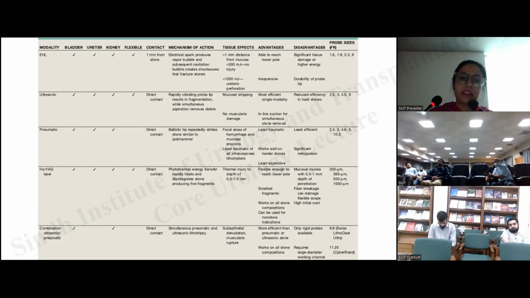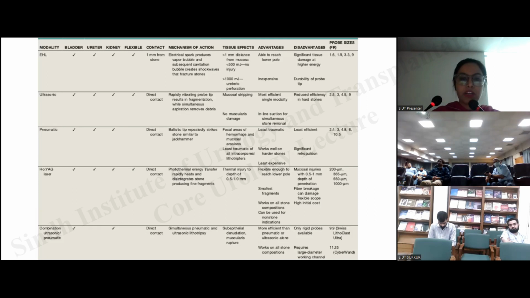So for the bubble to create the shock wave, the stone distance from the instrument should be 1 millimeter at least. Tissue effects: for more than 1 millimeter distance from the mucosa, less than 500 millijoules, there is no injury. For more than 1000, ureteric perforation can occur.